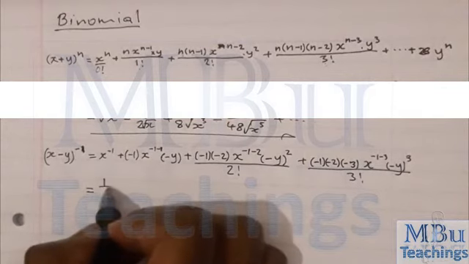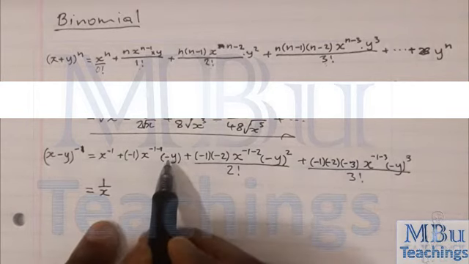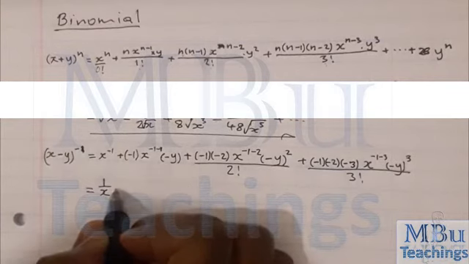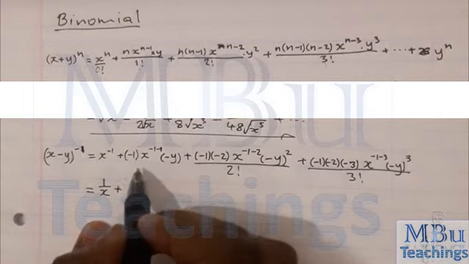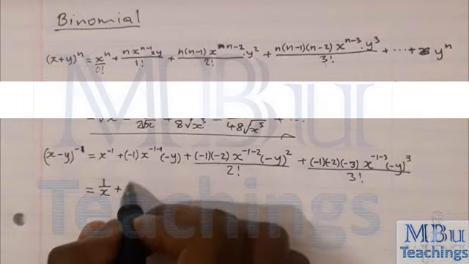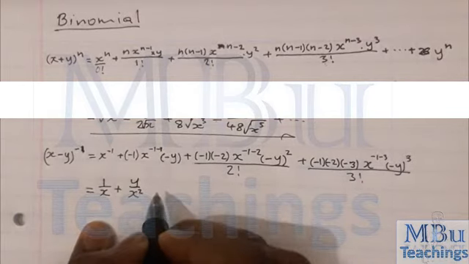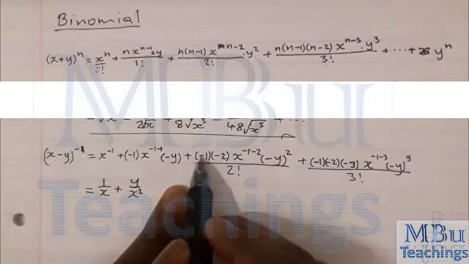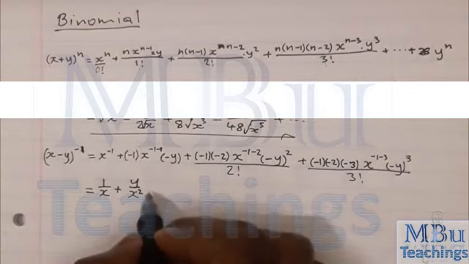This is 1 over x. Now this one, negative times negative is a positive, so it will be plus y squared, but underneath the line, so this will be y over x squared. Then we come to the third term, negative times negative is a positive, because it is squared, so we'll have a positive.